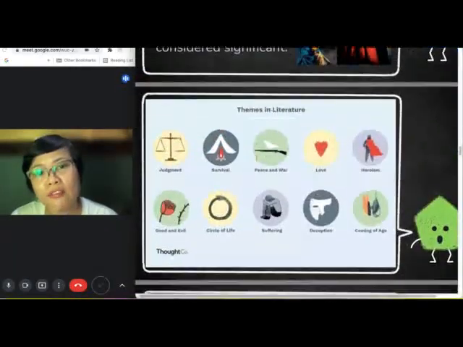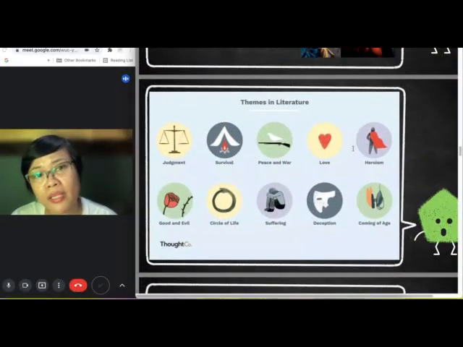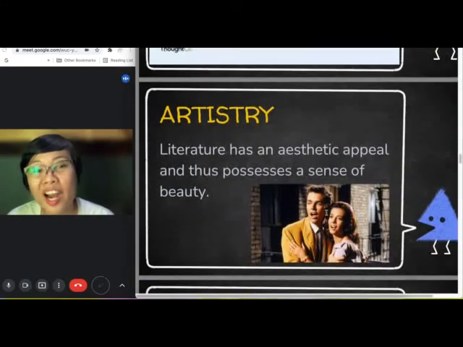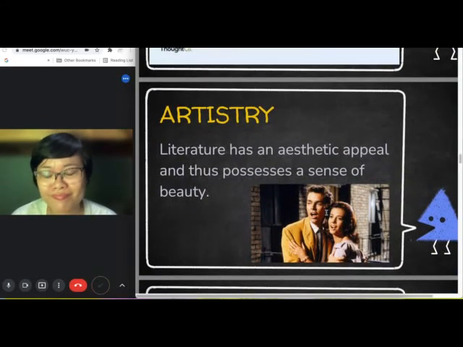But going back to my play, does it have any of these themes? Yes. There's something about love, okay? And there's also a bit of deception in there, just a little bit. Okay, artistry. Well, artistry is a standard that is reached, for me, by the most talented and creative in the field.